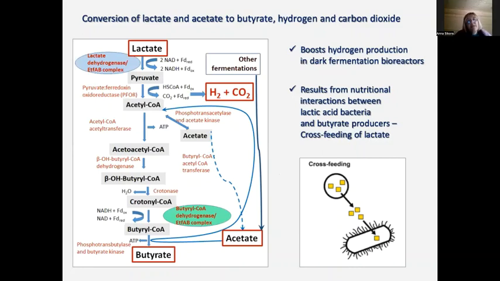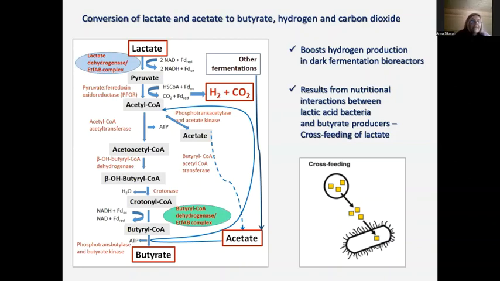Hydrogen can be also produced during the transformation of products of other fermentation types. The relevant hydrogen-yielding metabolic pathway is the conversion of lactate and acetate to butyrate, hydrogen, and carbon dioxide. The conversion results from symbiotic interactions between lactic acid bacteria and hydrogen-yielding bacteria, called cross-feeding of lactate, previously recognized for gastrointestinal bacteria.